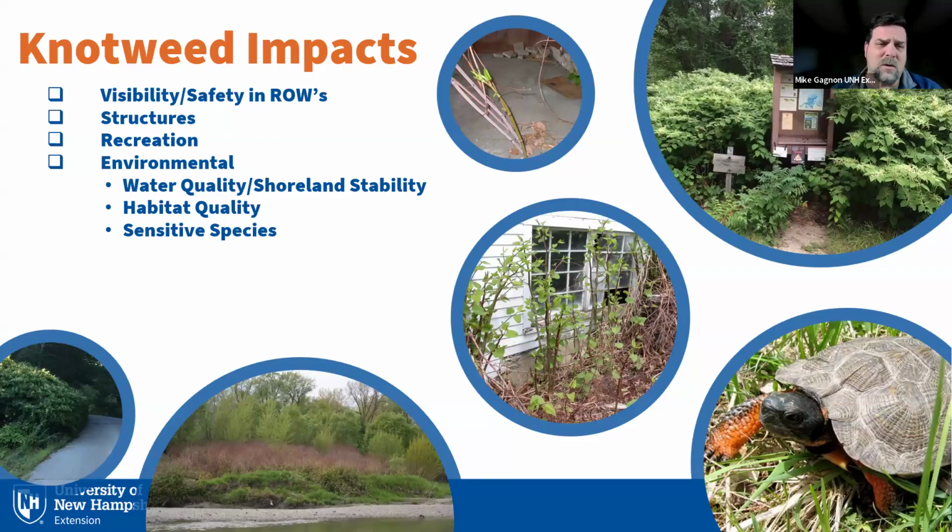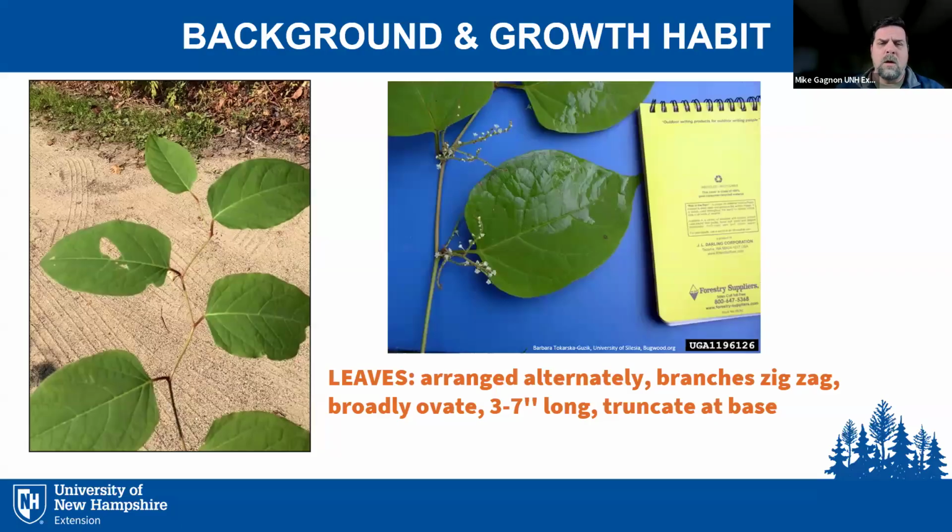It can impact sensitive species like our wood turtle, which needs these riparian corridors to migrate. It can be hard to pass through intensive areas of knotweed, and they may lack the normal forage and species that creatures like the wood turtle are looking for.